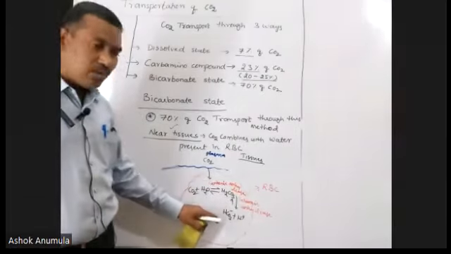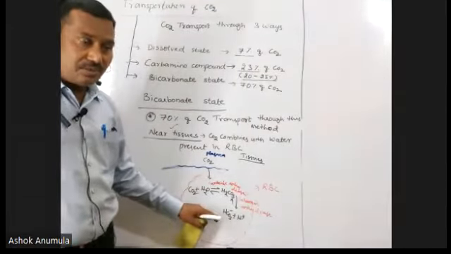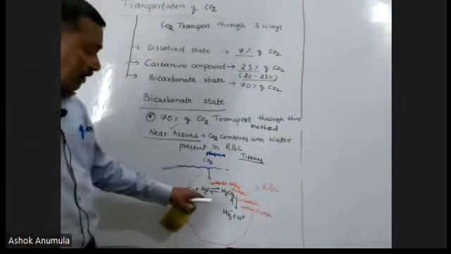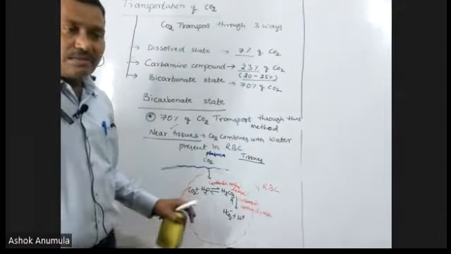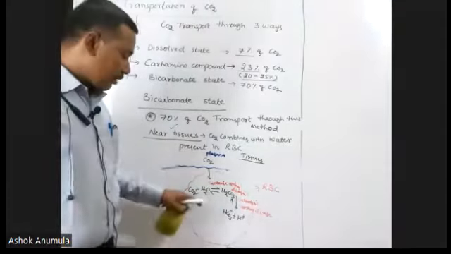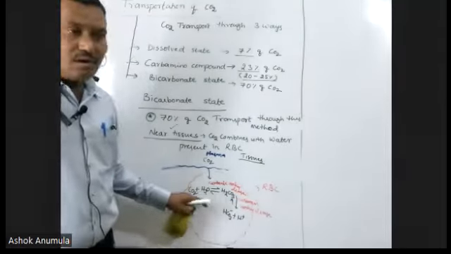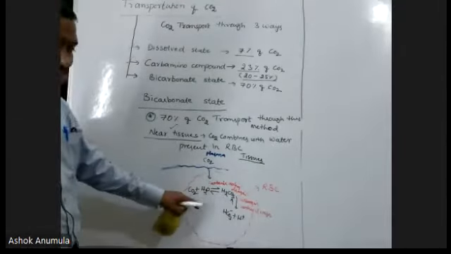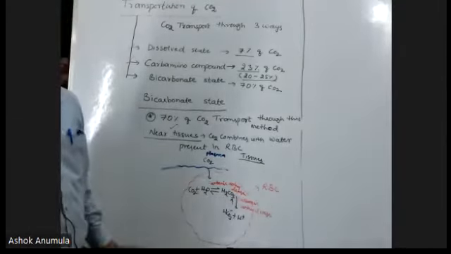Because the RBC contains carbonic anhydrase, more CO2 combines with water, and it is transported through the water which is present in the RBC.